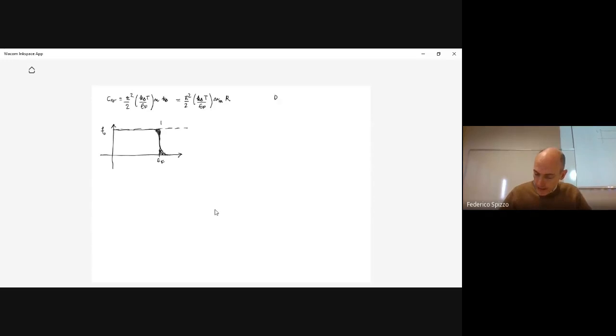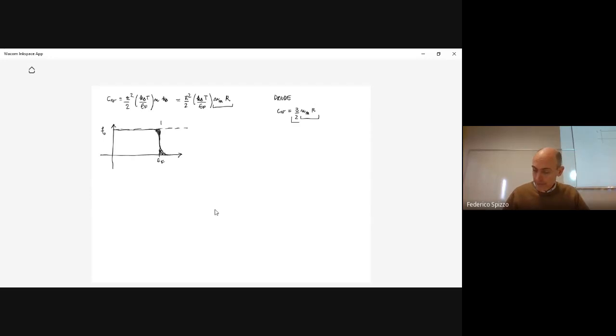In the Drude case, CV was equal to 3 divided by 2 the molar density of electrons times the constant of gases. So this term here is equal to this term here.